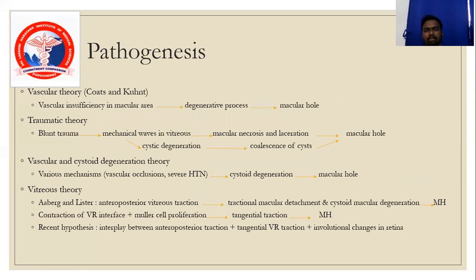So what are the various pathogenesis, or the theories, which have been proposed which lead to the development of a macular hole?